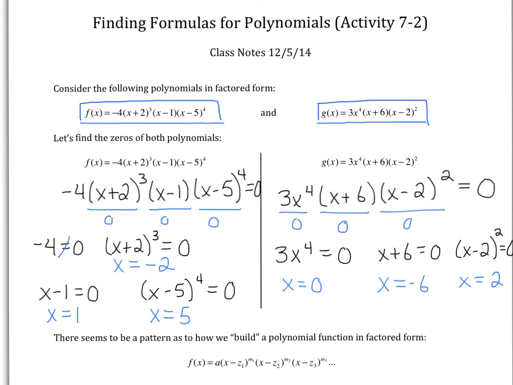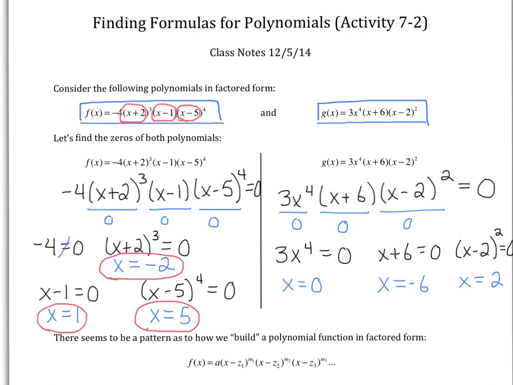The first thing that we notice is that if your zero is -2, in the formula we see a +2. If your zero is at +5, we see a -5. And if our zero is at +1, we see x minus 1. So it looks a little backwards. In other words, in factored form, we always seem to be looking at x minus whatever the zero is.